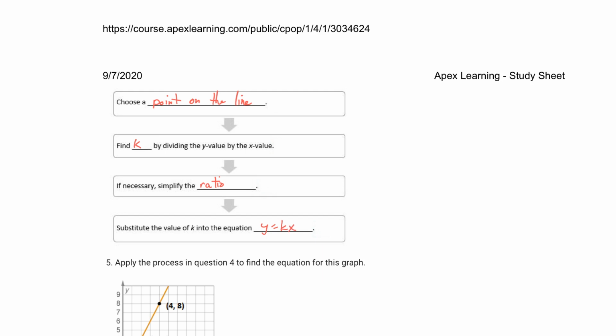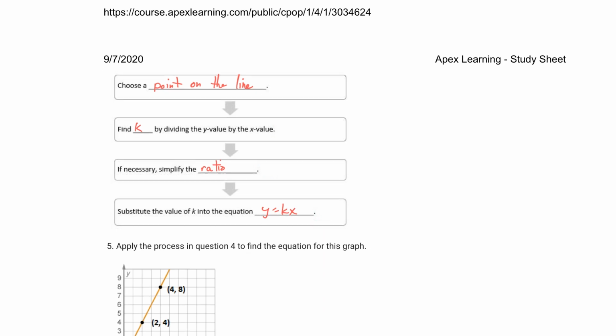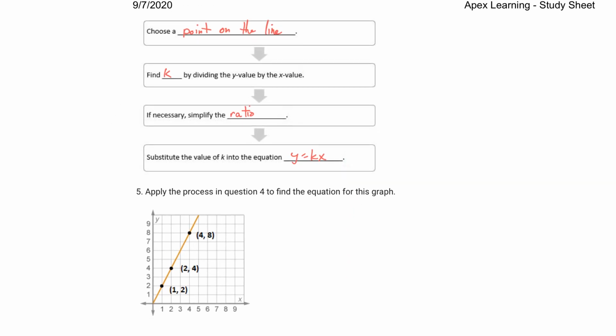So apply this very process here. Let's find a point on the line. Let's use (4, 8). Find k by taking the y value divided by the x value, so it's 8/4. Then you simplify the ratio, which is 2/1, which is 2.